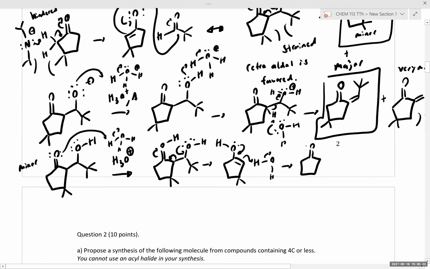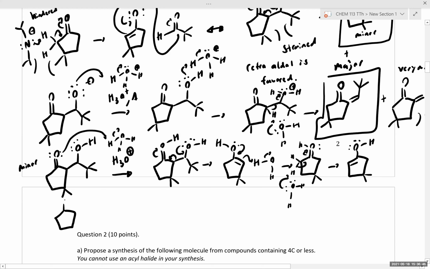And the real point behind this problem, the real point of this example, is just to show that even if we have the minor product, when we expose it to acidic conditions, we can in turn see conversion of our minor aldol product into the major product.